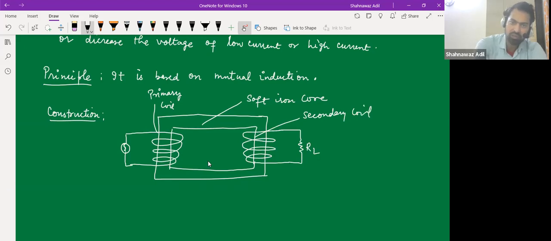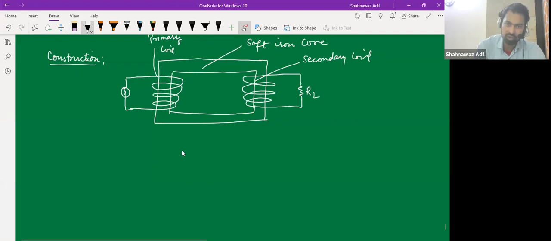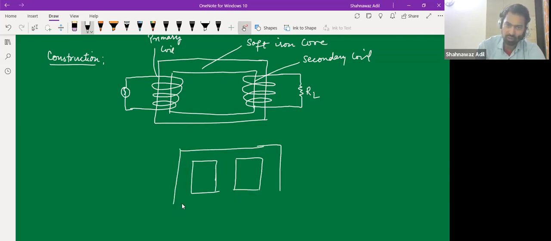And we can also construct this in this manner, that we have this soft iron core, and then it is wrapped around like this.